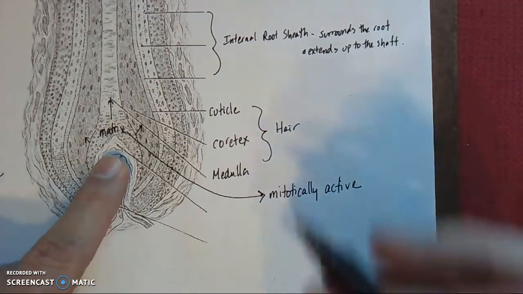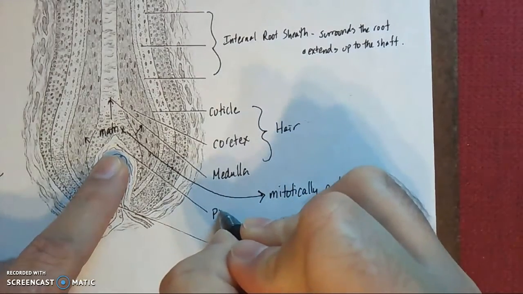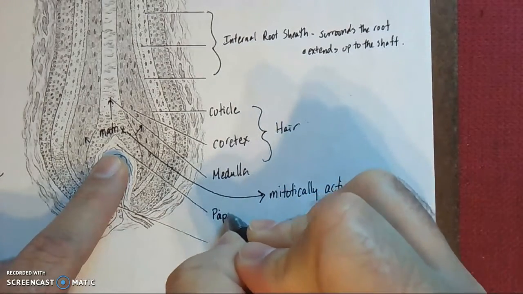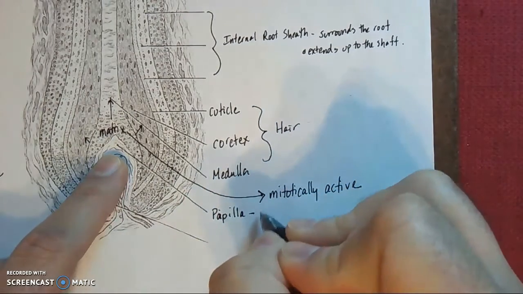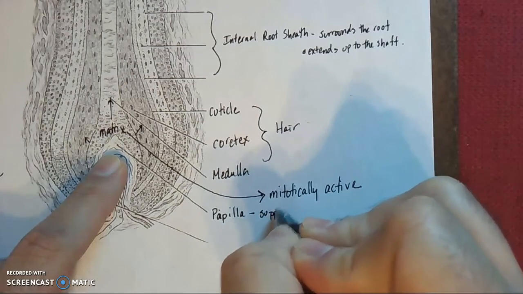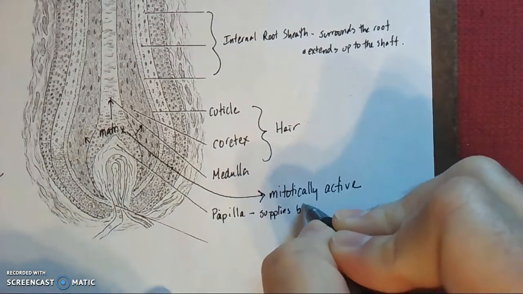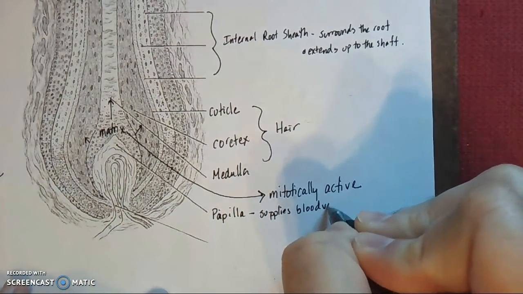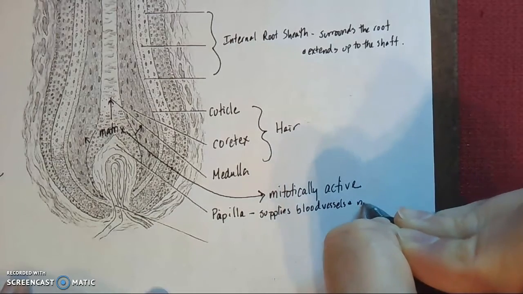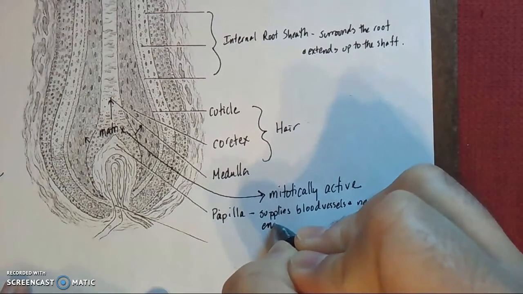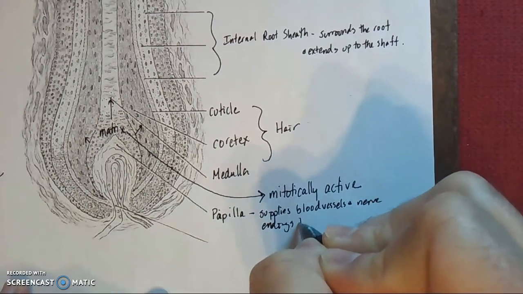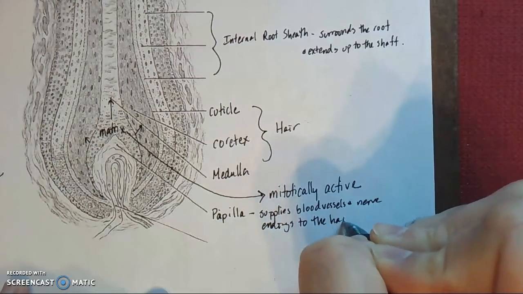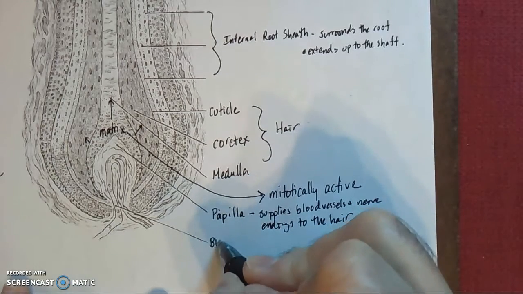This little part right here is called the hair papilla. So this supplies blood vessels and nerve endings to the hair. And these are the blood vessels here.